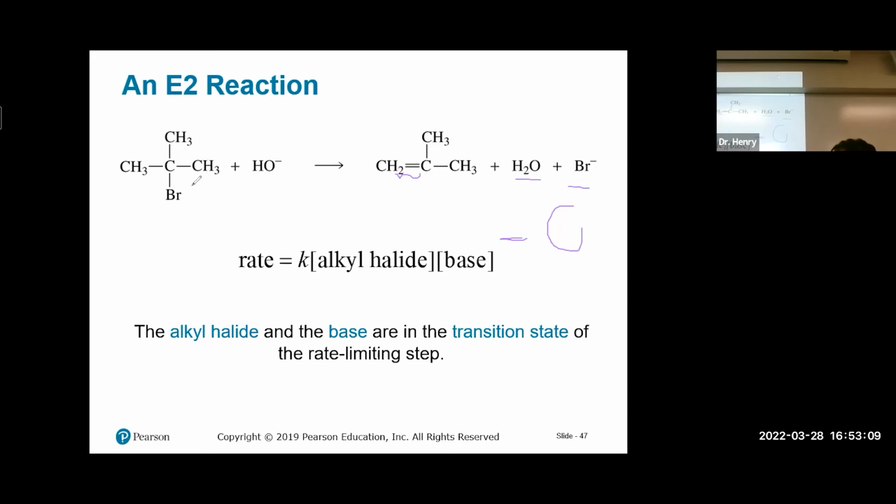So the halide gets freed. Our nucleophile then removes the hydrogen from the adjacent carbon. The halide and the base are in a transition state, and that's going to be our rate limiting step. And you guys remember what rate limiting step means again?